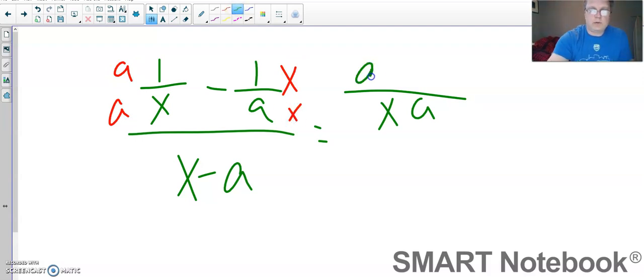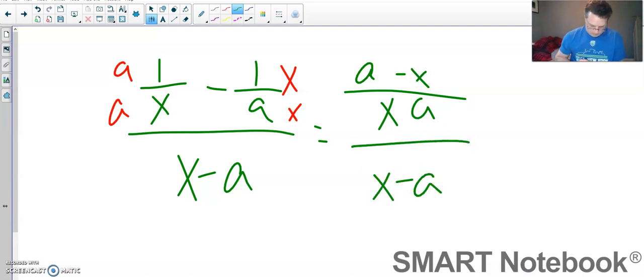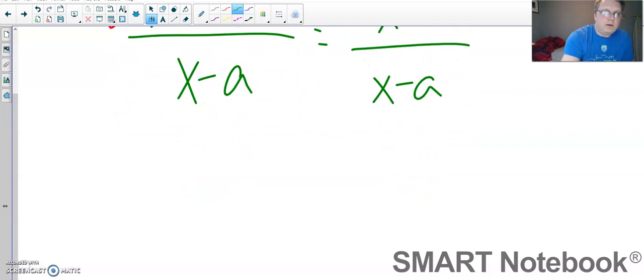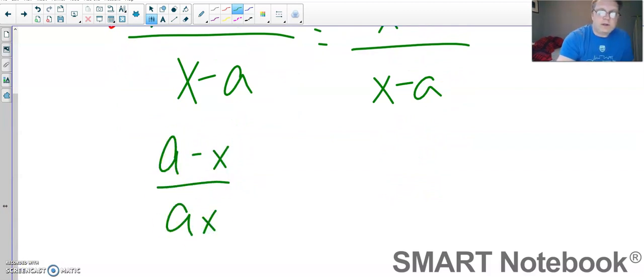Okay, so a minus x all over x minus a. Nothing cancels, nothing cancels. So then you have a minus x all over ax, and this is over 1, times 1 over x minus a.